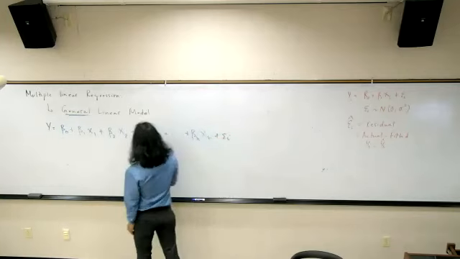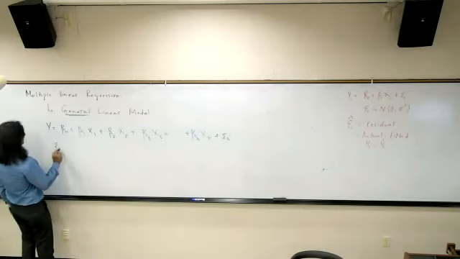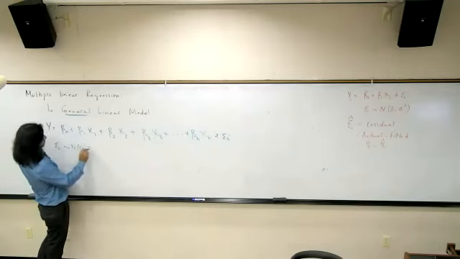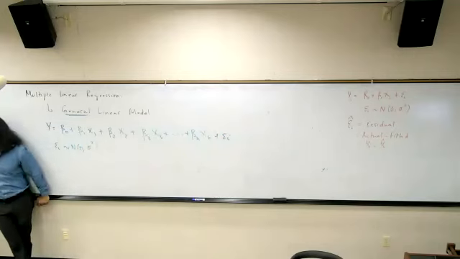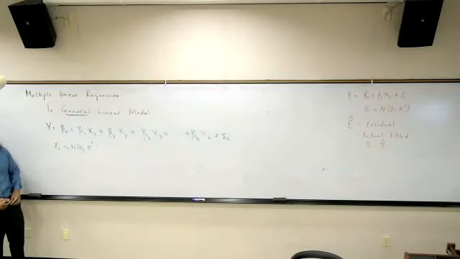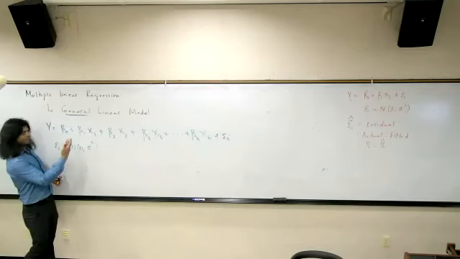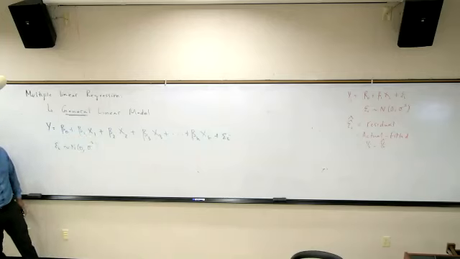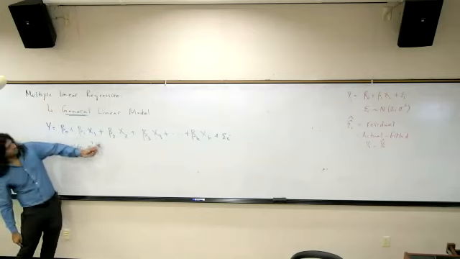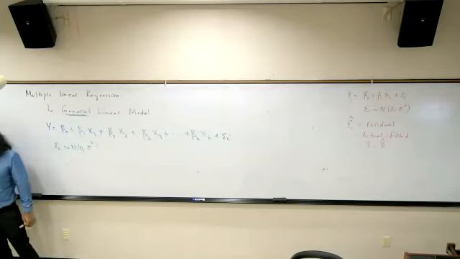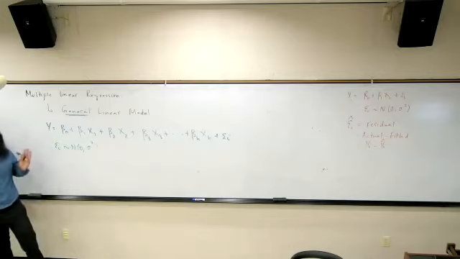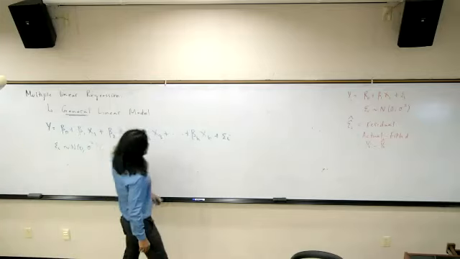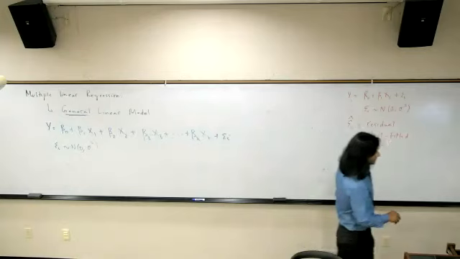I have some noise that gets added, and that noise I want it to be normal, with some variance sigma squared. Our objective now is to come up with estimates for beta naught, beta 1, beta 2, if you have more than one predictor. Once you go past two of them, things get hard.